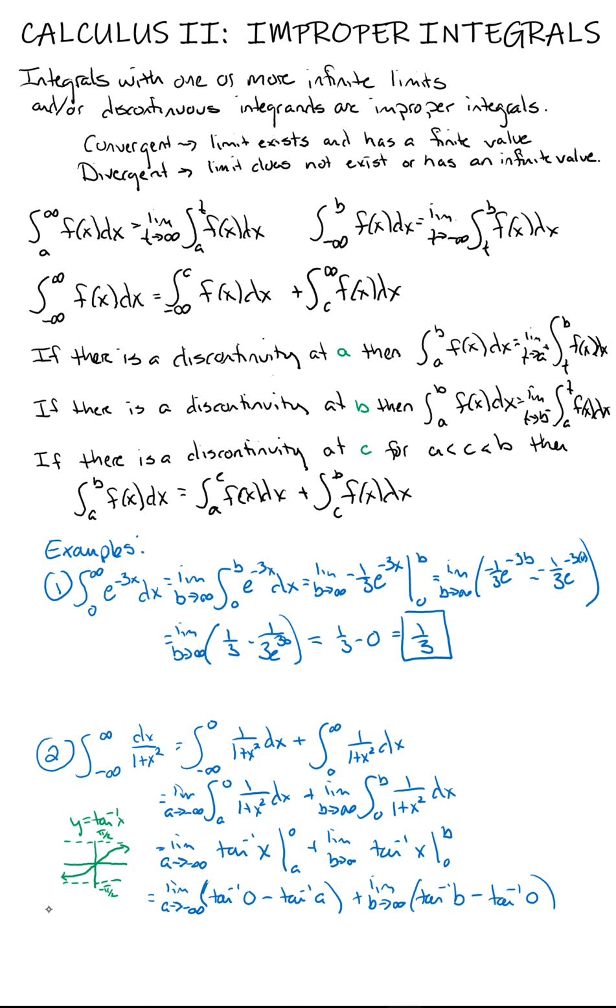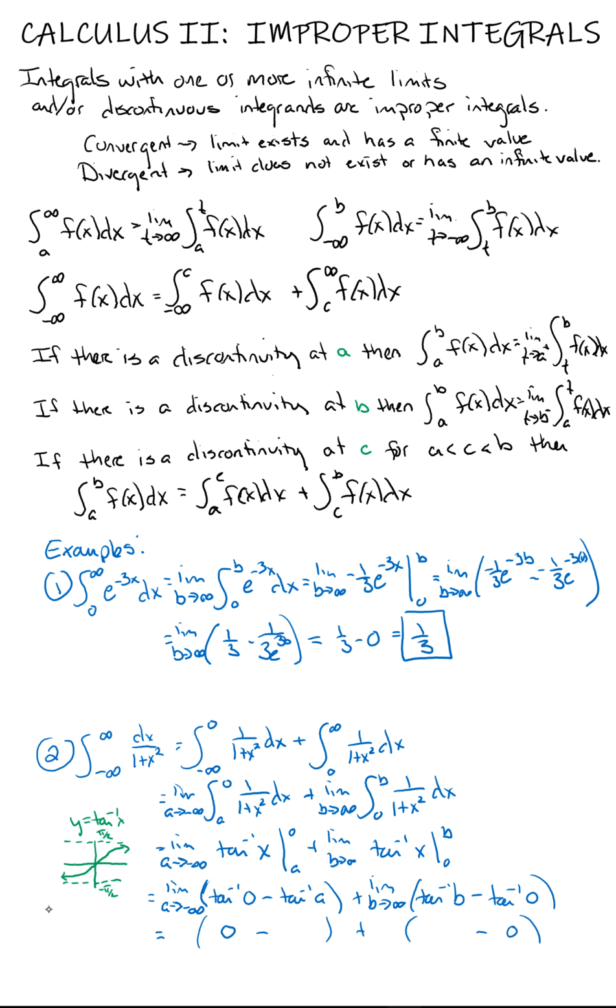So, using that graph, the inverse tangent of 0, I've got in both spots, that's just 0. So again, evaluating that limit, this first piece becomes 0. And this last piece becomes 0.